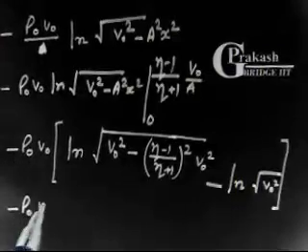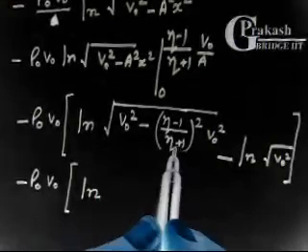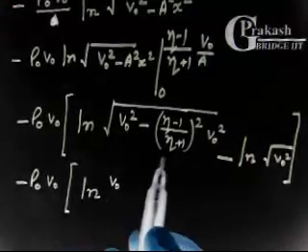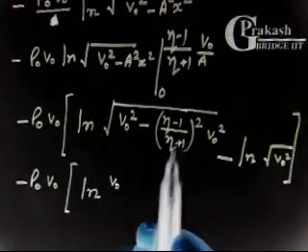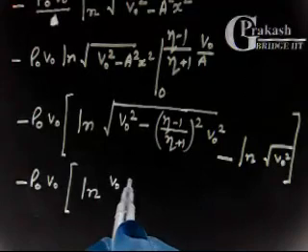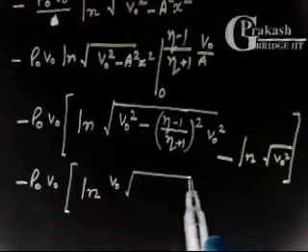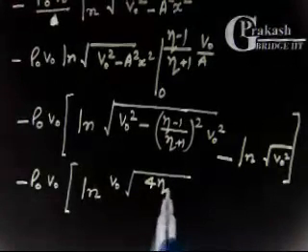So this is minus p naught v naught ln. So I can take v naught common, and this is eta plus 1 whole square minus eta minus 1 whole square. So let us say we will have eta plus 1 whole square minus eta minus 1 whole square, so you will have simply 4 eta.